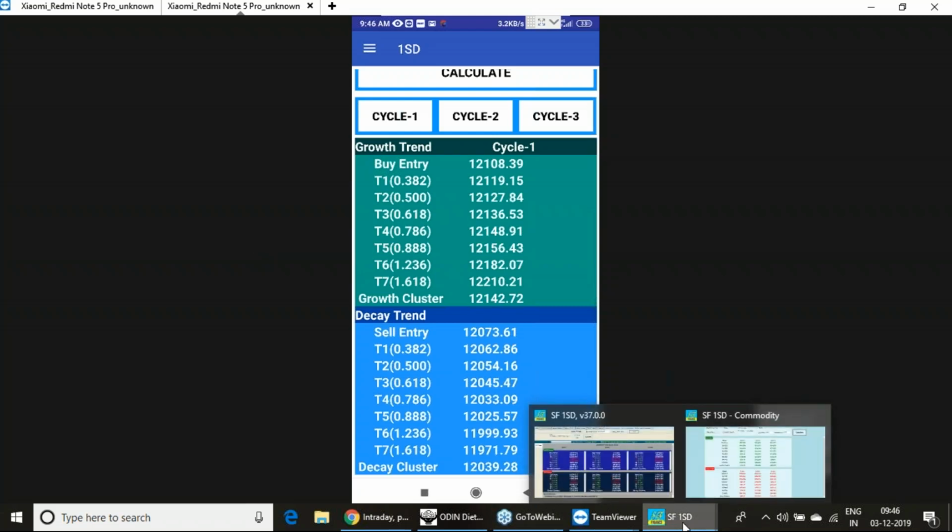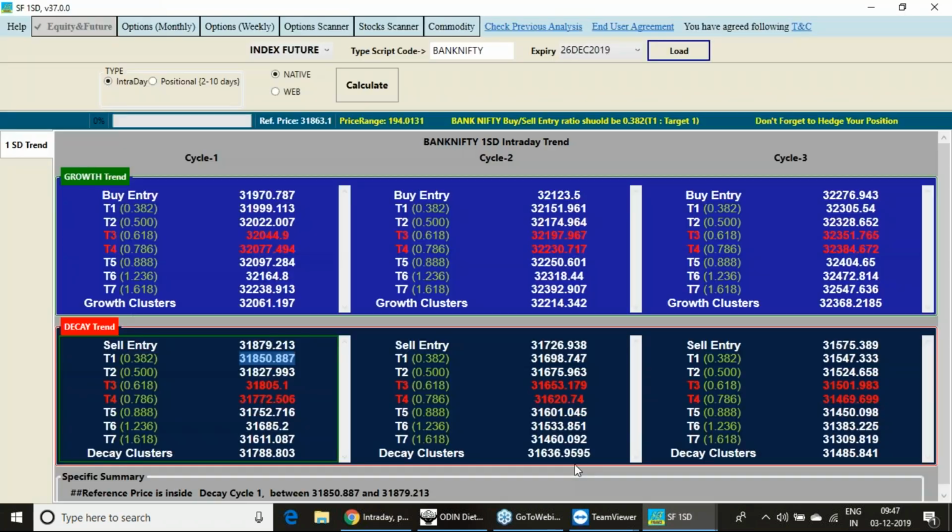Sachinji is asking what a growth cluster and a decay cluster are. Sachinji, in this trend movement, the growth cluster is the most important resistance and the decay cluster is the most important support. If you have bought, you have to see that it will find a very big resistance at 32,061.